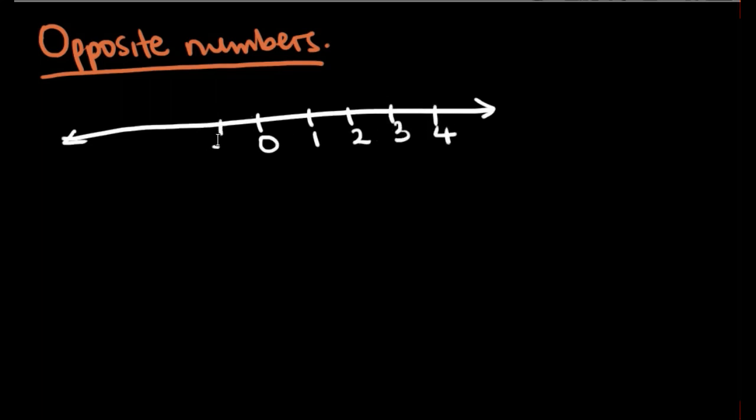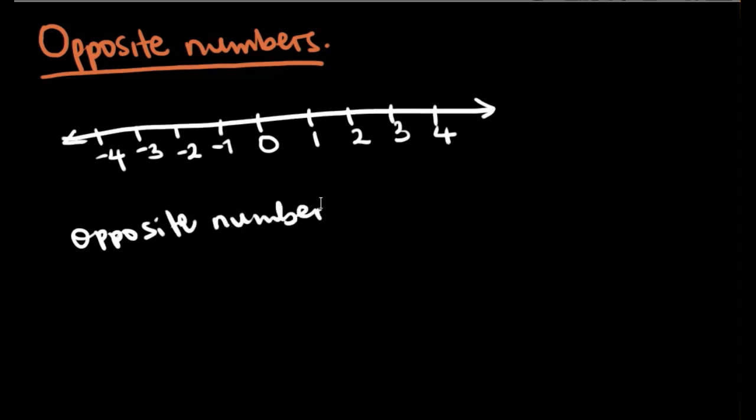Then we have -1, -2, -3, and -4. Now someone can ask you, what is the opposite number of 2?